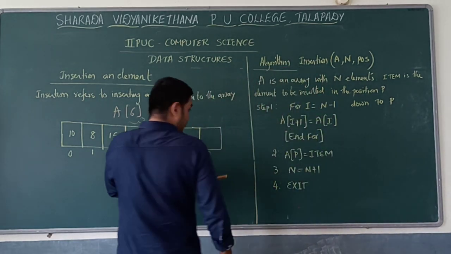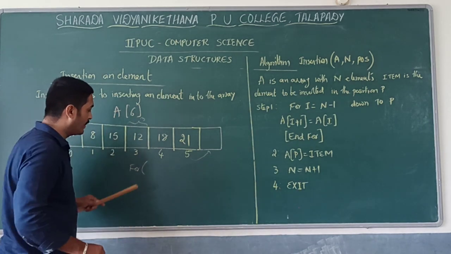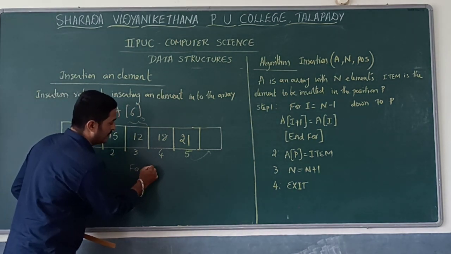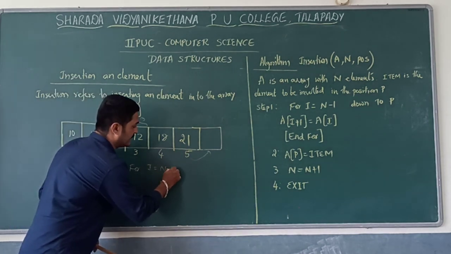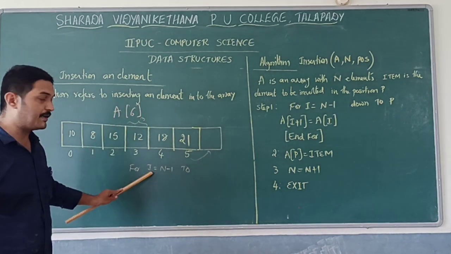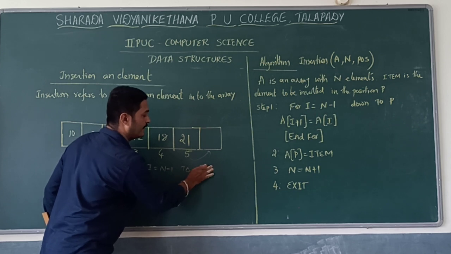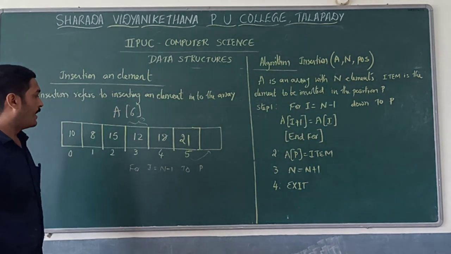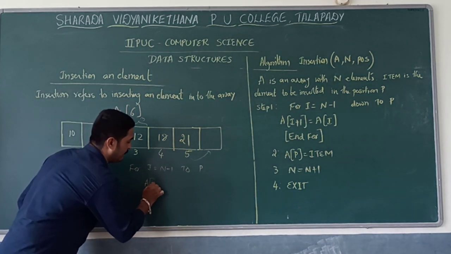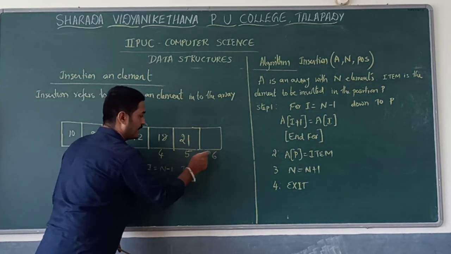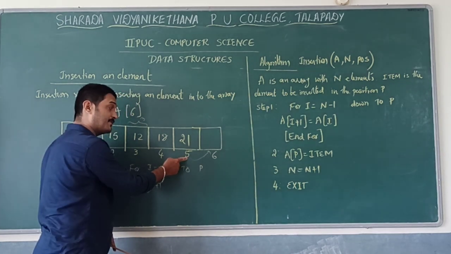Easily we can implement this with a for statement. In the for statement, I equal to n minus 1, the last location, down to this particular location, or we can say position, or we can name it P. Starting from the last element, A of I plus 1, the 6th location, n minus 1 is equal to 5.